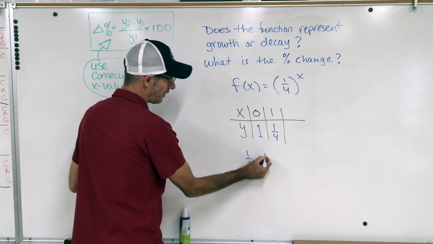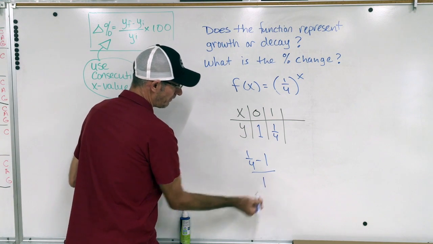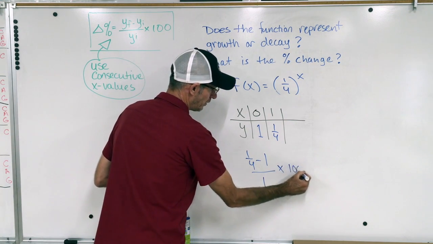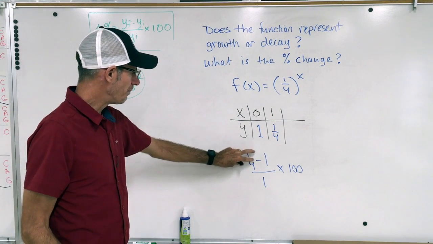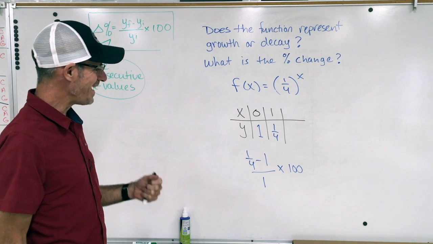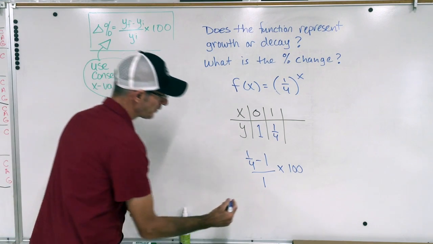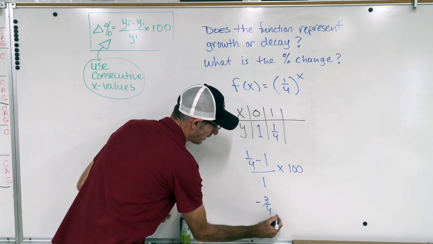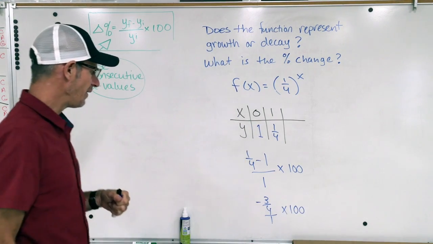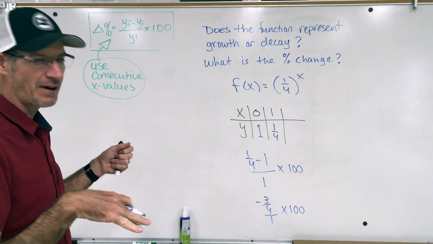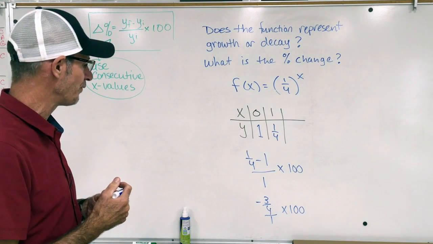So now if I want to find my percent change, I take my final value minus my initial value over my initial value times 100. So in this problem, 1/4 minus 1 would be negative 3/4. So I have negative 3/4 over 1 times 100. And if you take negative 3/4 divided by 1, obviously you get negative 3/4.